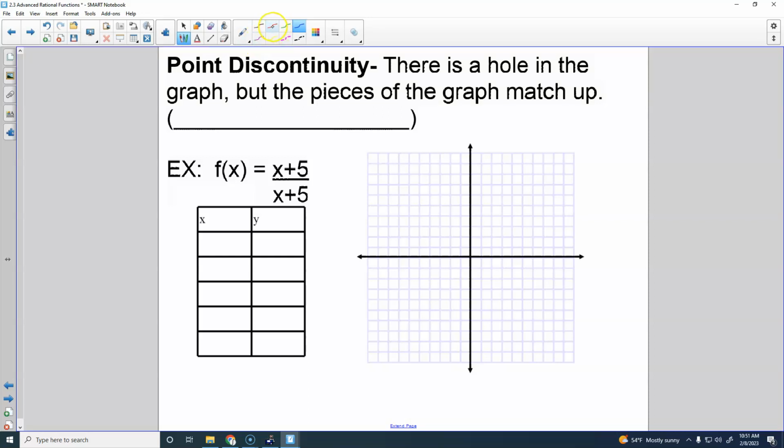Obviously one of them is a point discontinuity. The other is a hole. I'm probably going to call it a hole more than anything because I like that term the best. And the other that you're going to see, that we're going to write in these parentheses, is removable discontinuity.